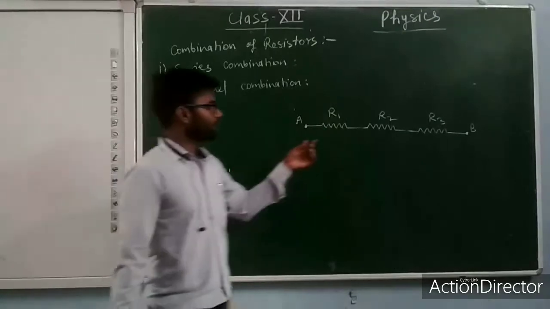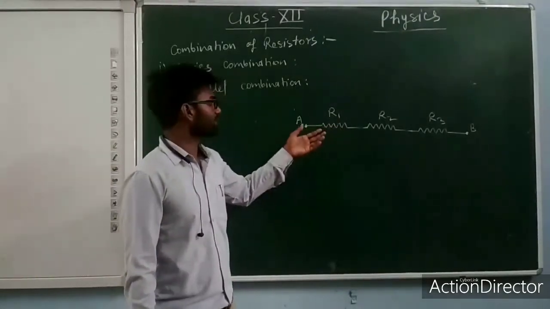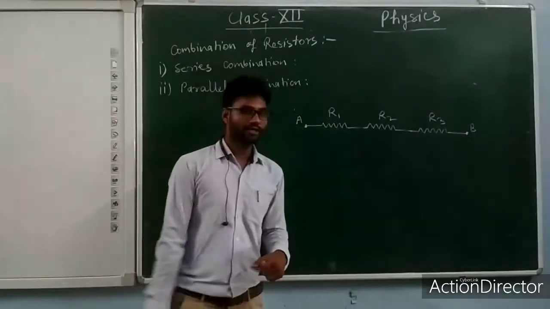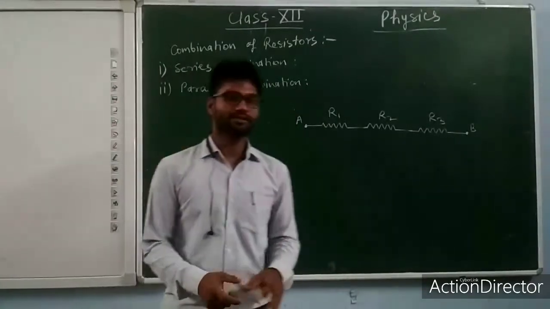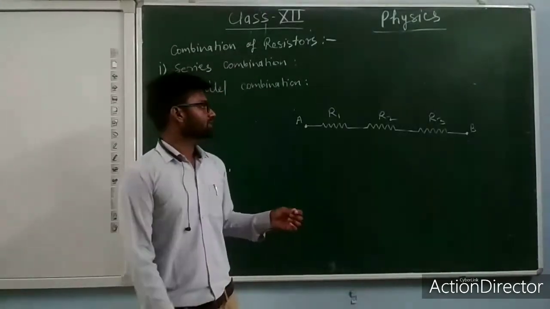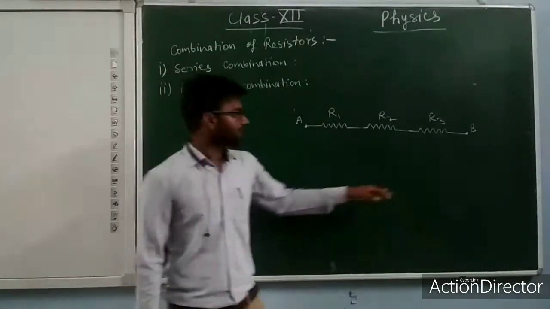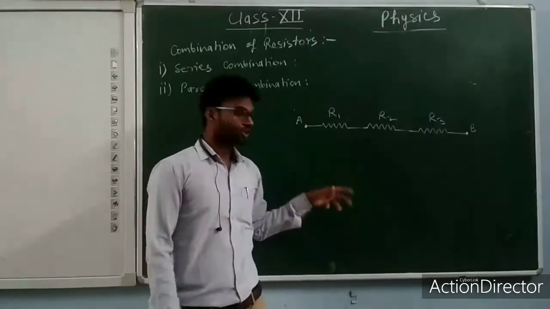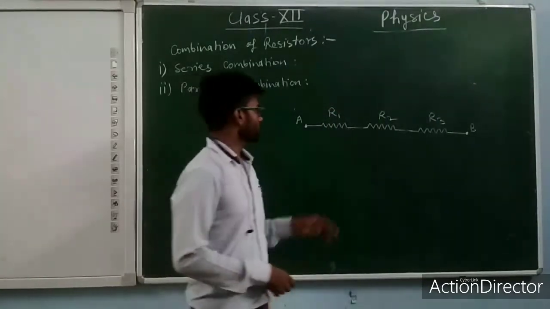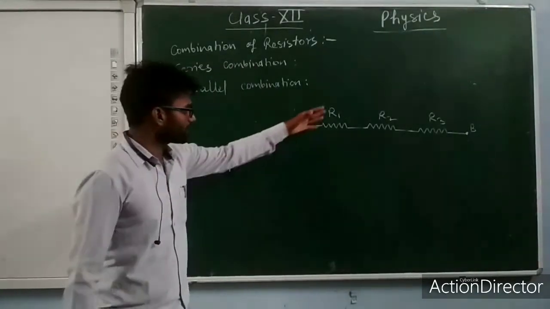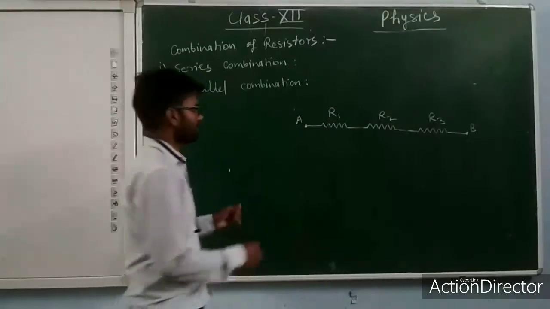Now we have to find the equivalent resistor of all these three resistors. What do you mean by equivalent? Equivalent resistor is that resistor which will produce the same effect as all three resistors are producing at a time, right? So what we'll do? We'll find the equivalent of all these three resistors, right?